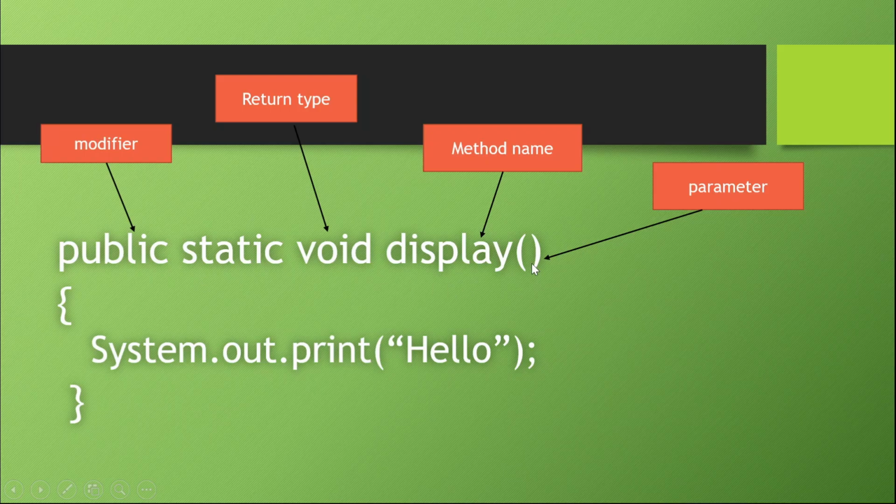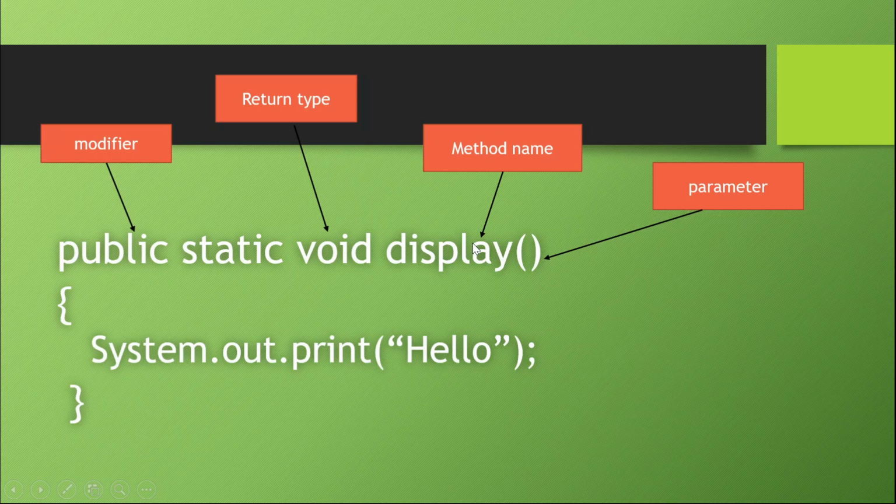So we have string, we have character or char, boolean, int, short. Those can be used as our return type, depending on what the behavior would be, or what actions or series of instructions will be performed by a method. And this display is our method name.